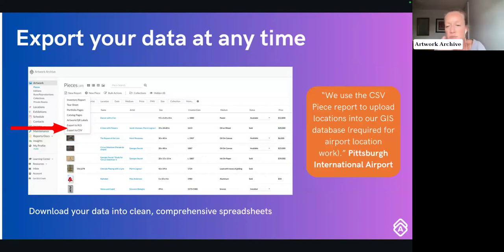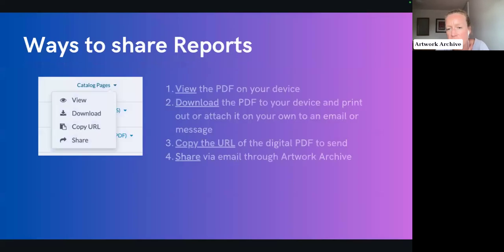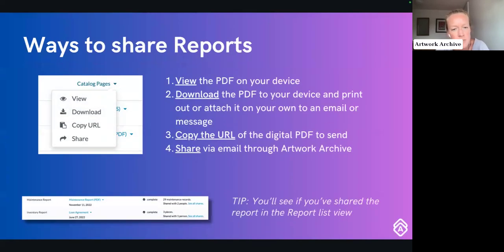A great use case example was from the Pittsburgh International Airport, in which they use the CSV piece export to upload all of the locations into their GIS database, because as an airport, they are required to populate a GIS database. This way they can easily bring that information into GIS. So you can export data to then import it somewhere else.